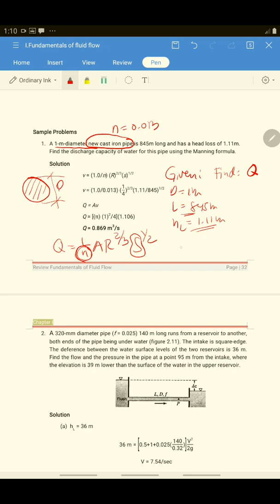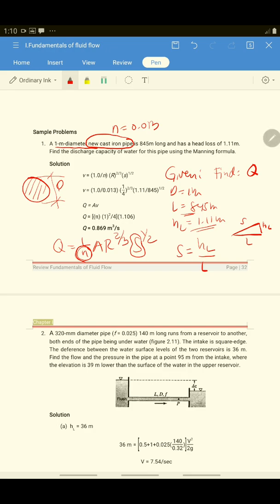So slope is just equal to head loss over L. Or sometimes we can say that it is rise over run. So this is the slope, this is head loss, and this is the length. Okay? So slope is just equal to HL over L.